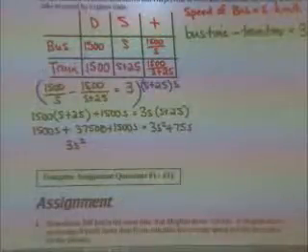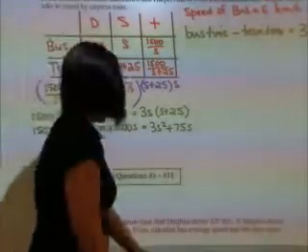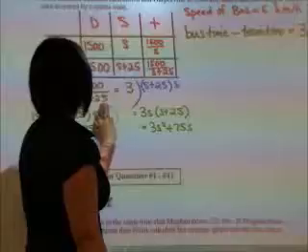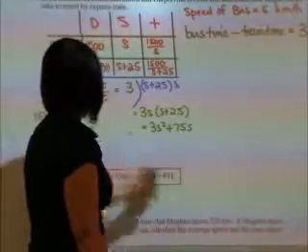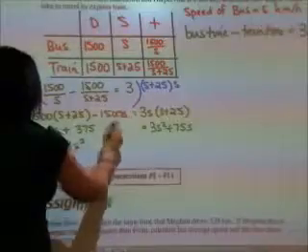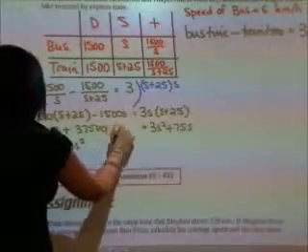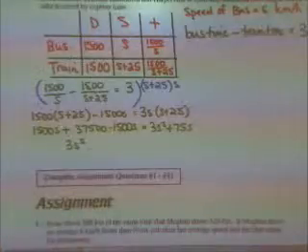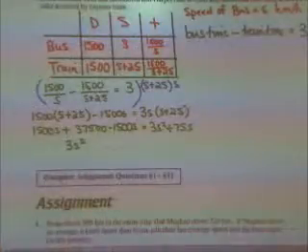Oh, wait a minute. I made a mistake here. Not plus 1,500S, what is it? Minus. Somebody watching this right now is just freaking out for the last 2 minutes. It's minus 1,500S.